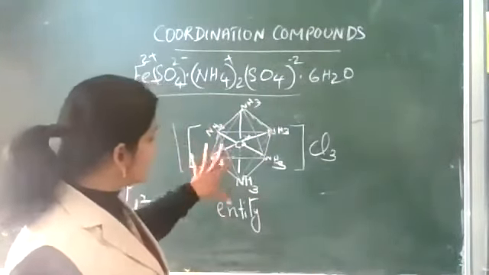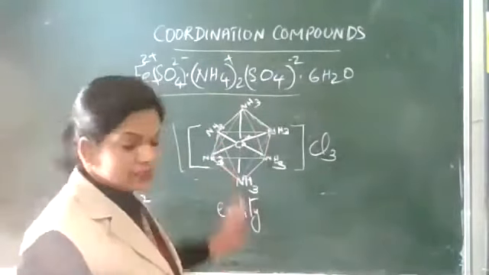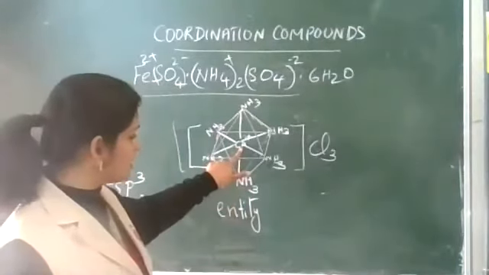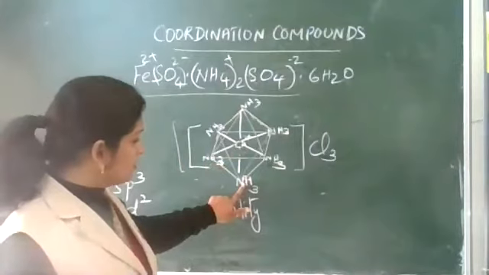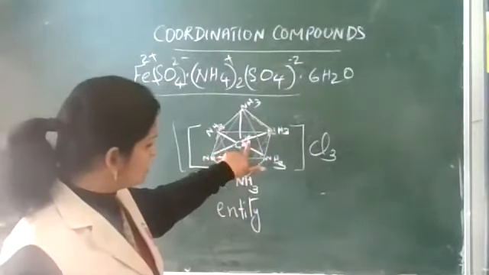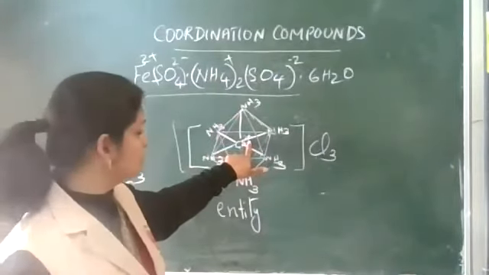There are 6 ligands around this cobalt 3 plus. What you see inside this is the coordination entity. This is called the central metal atom. These are the ligands. The central metal atom charge is the oxidation state of the central metal atom, that is plus 3.